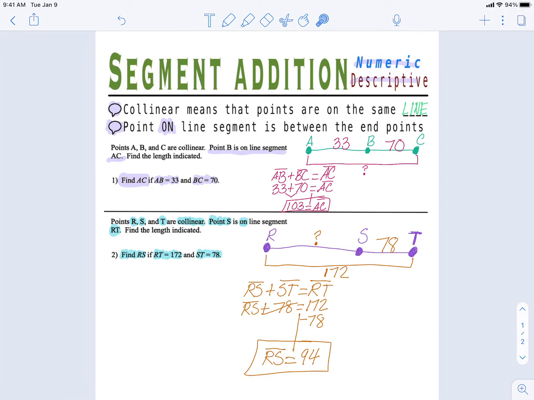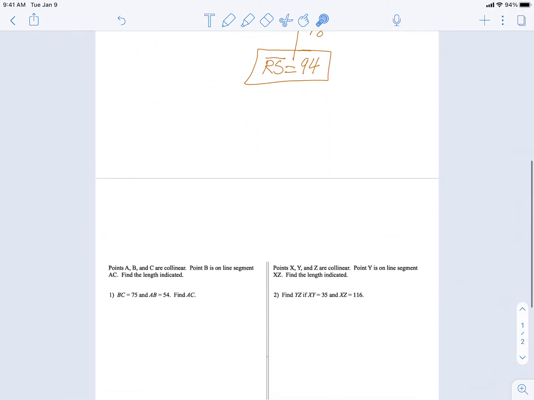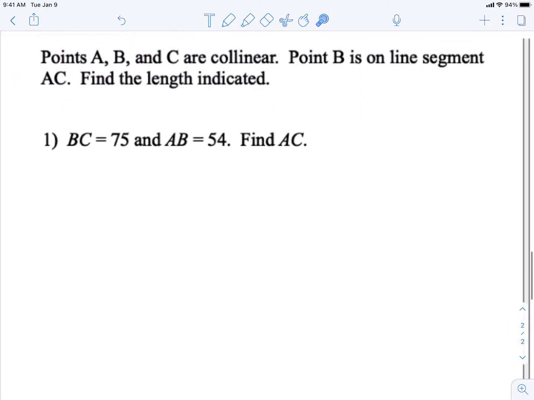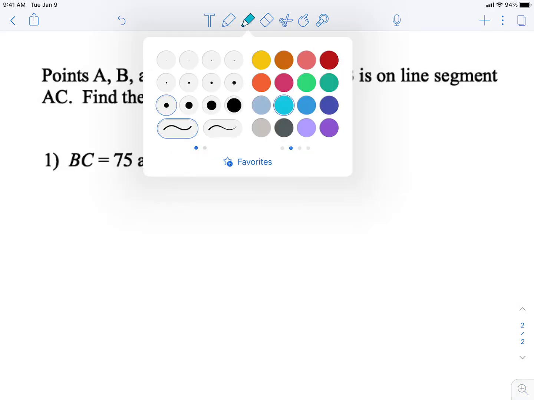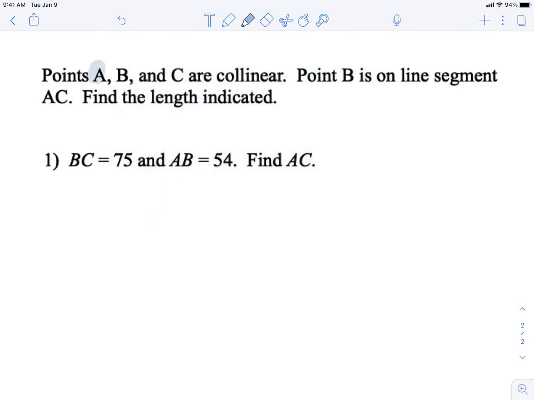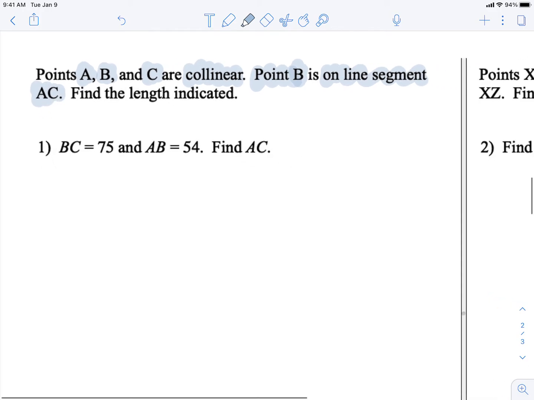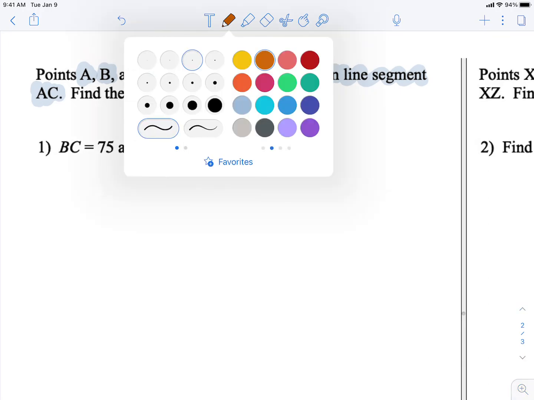So let's see a couple of examples that you're going to see in your assignment. Points A, B, and C are collinear. Point B is on line segment AC.